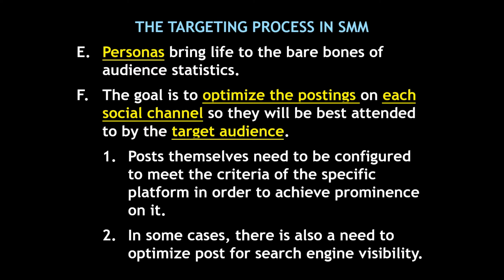Posts themselves need to be configured to meet the criteria of the specific platform in order to achieve prominence on it. There's going to be different ways, not just in how you're conveying the message to your target audience, but the platform itself that you're using may lend itself to presenting a message in a particular way that's going to make it stand out more, make it more noticeable to the people that you're trying to reach out to.